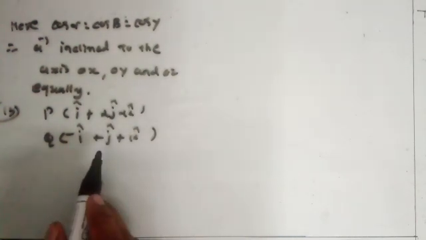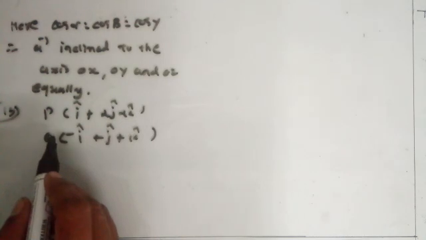Here R divides PQ in the ratio 2:1 from P.